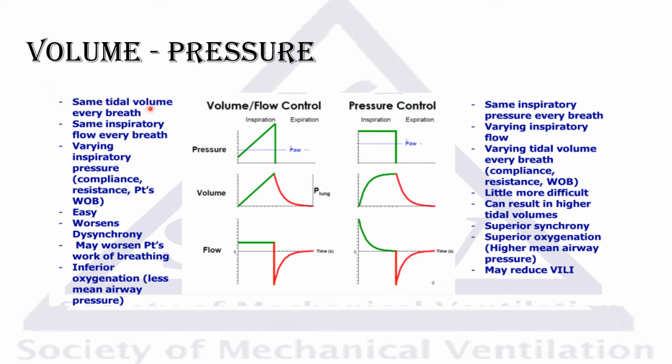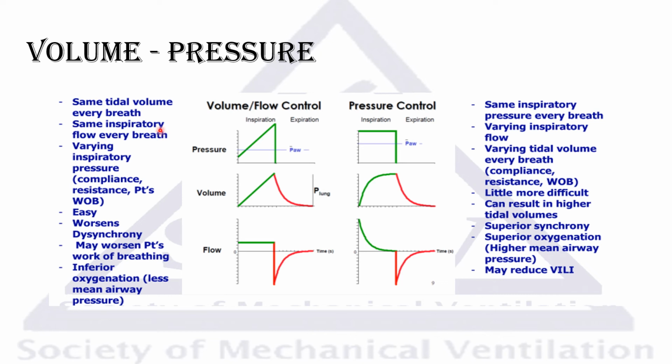It's the same tidal volume every breath, which, of course, our brain or neural pathways don't want. Our breath is always variable, with variable flow, variable tidal volume. Again, it's the same inspiratory flow every breath if you're using a set maximum flow or peak inspiratory flow.